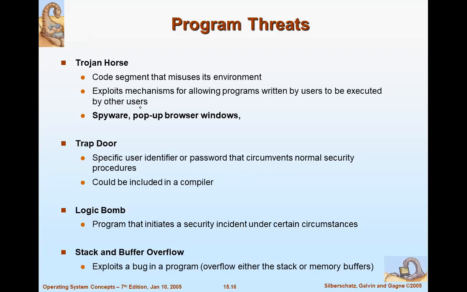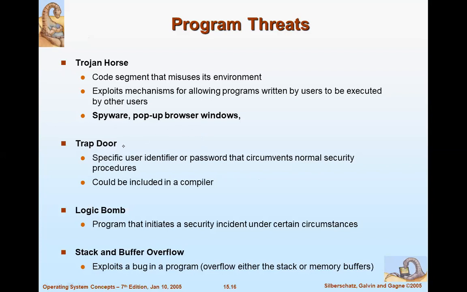That is a kind of illegal or illegitimate access you are providing to the attacker. You can see the examples are spyware and pop-up browser windows. That's why there are many software or drivers that come in pop-up windows that you should allow, and then onward you will have access to the user resources.